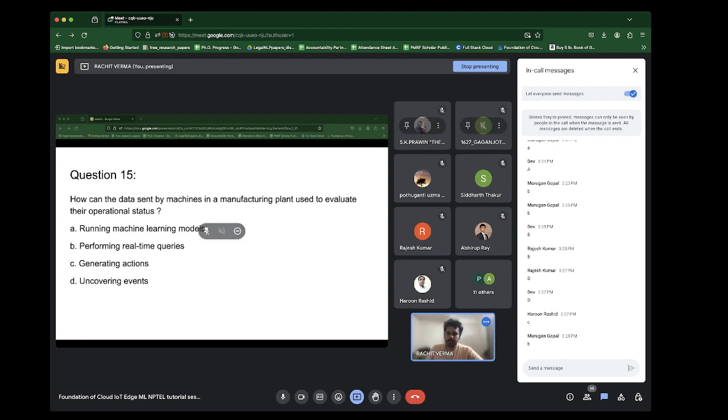So how can the data sent by machines in a manufacturing plant be used to evaluate their operational status? Is it through A, running machine learning models, B, performing real-time queries, C, generating actions, or D, uncovering events?